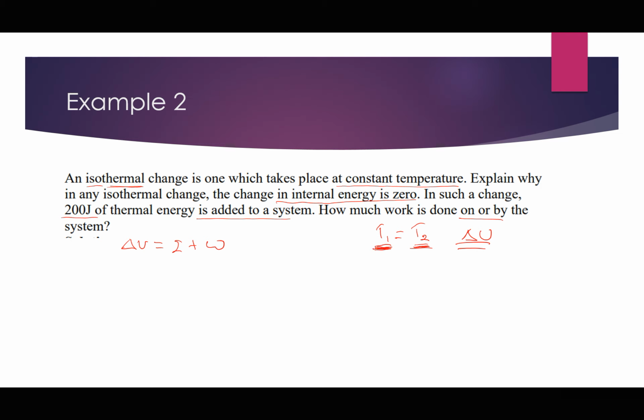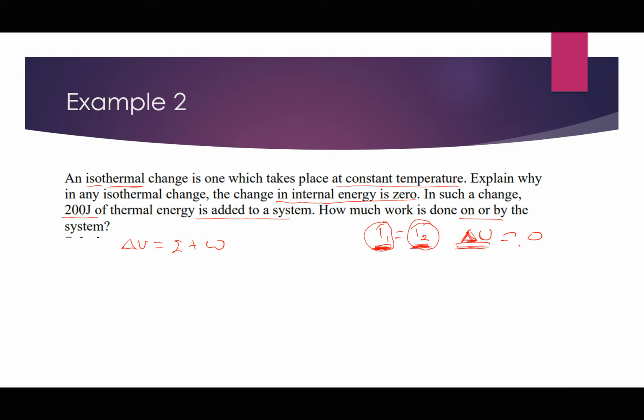That means the average kinetic energy of the molecules initially is the same as afterwards. And if the total kinetic energy initially is the same as afterwards, then the change in internal energy of this system will be zero, because the initial internal energy of the system is the same as the final internal energy of the system.